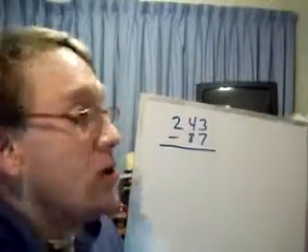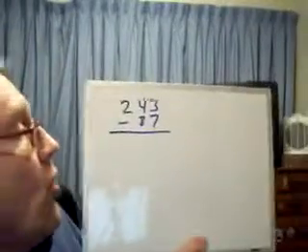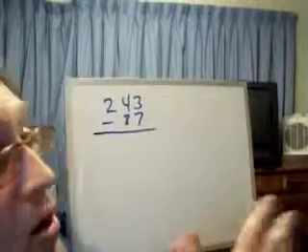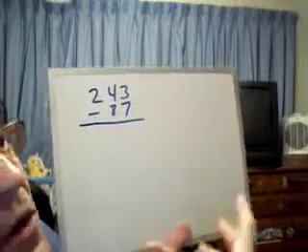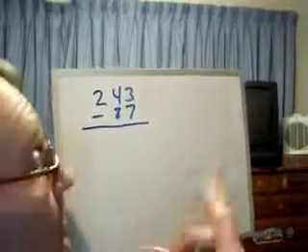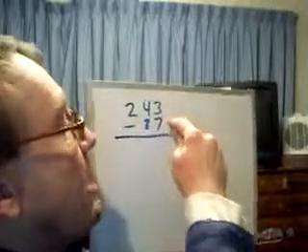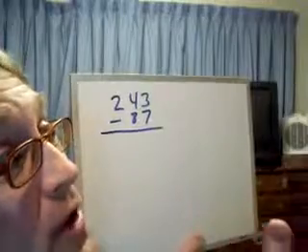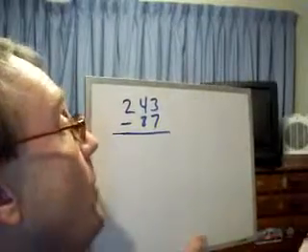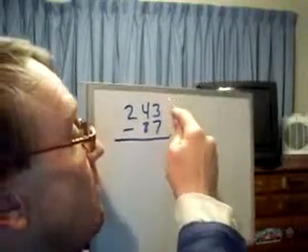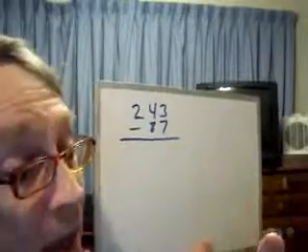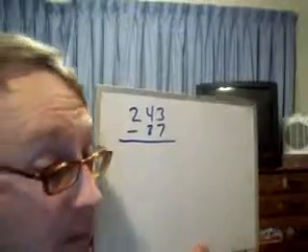Years and years ago, back in the 70s when I went to school, what we did here is we said, well, 3 minus 7, we can't really do that without producing a negative number. But we could subtract 13 minus 7 and get a non-negative number.